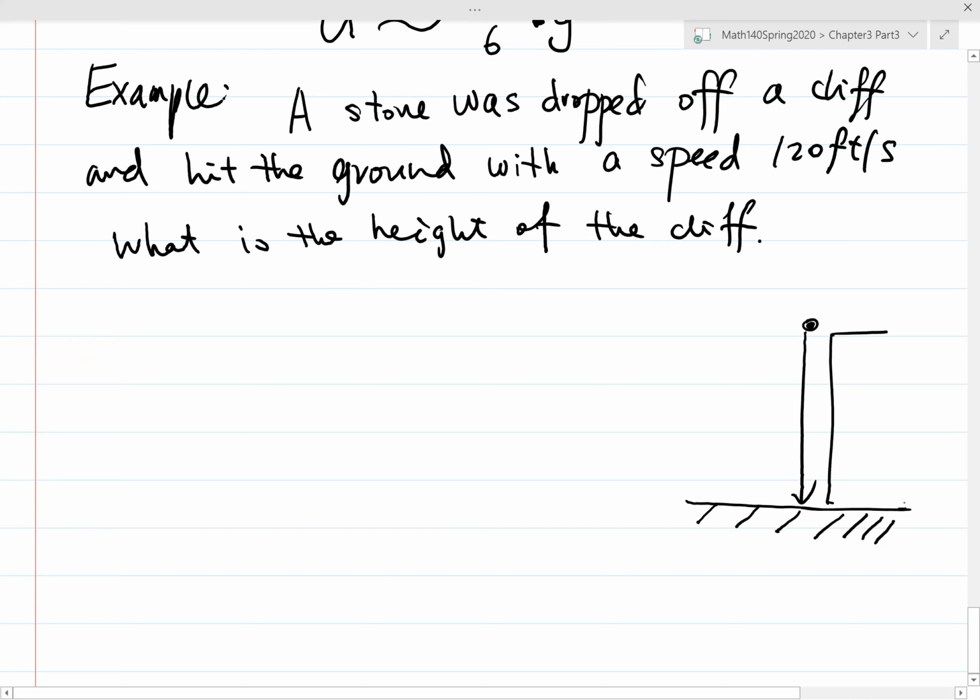Now suppose at time T, the stone hits the ground.